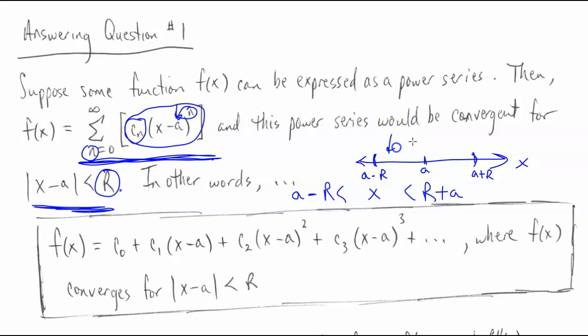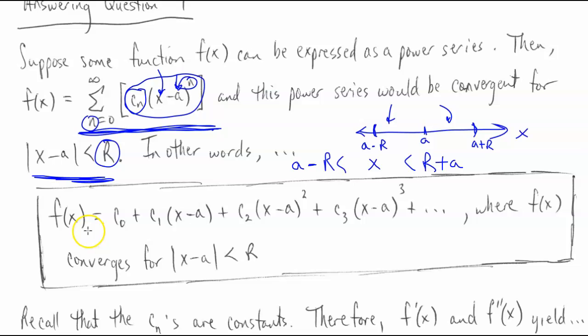Any x value that's within this open interval here, if I plug it into the power series and list out all infinite number of terms and add them up, it would converge to some number. Okay, so that's essentially all that means. And of course, if we expand out the power series, this is what it would look like.